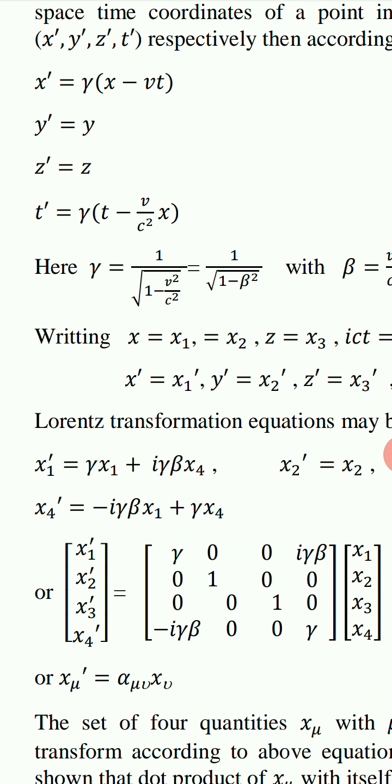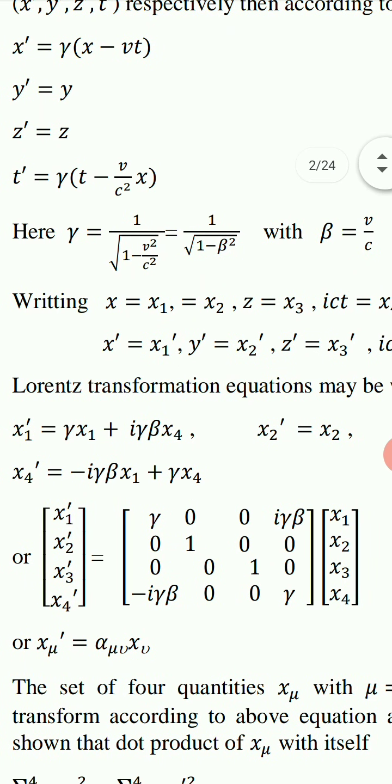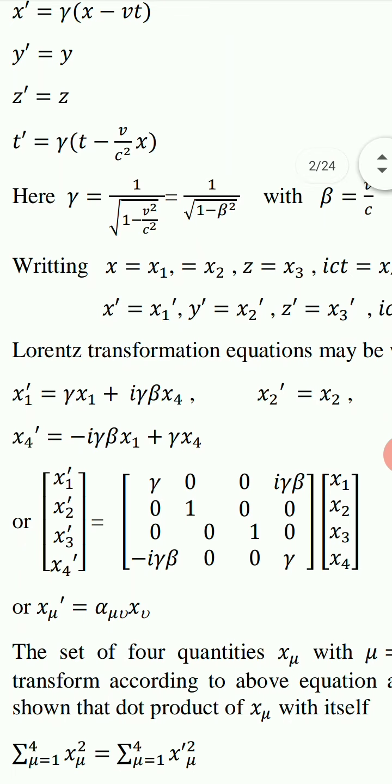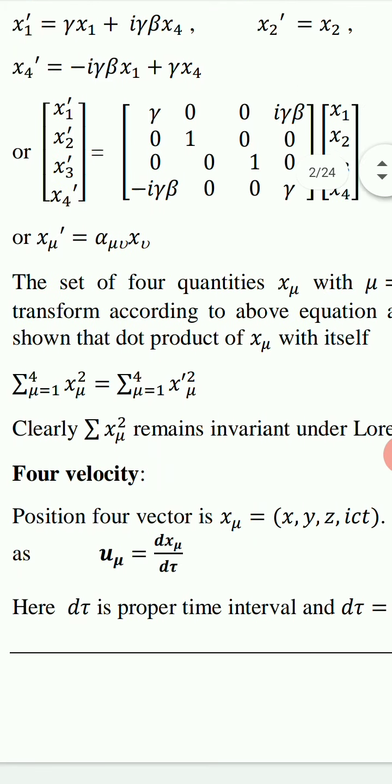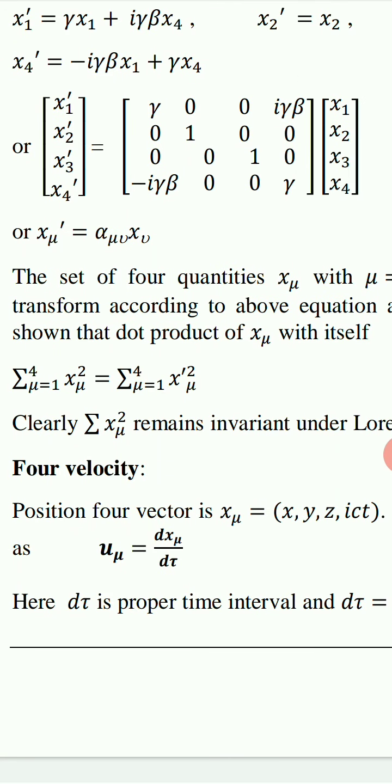Now these 4 equations can be written in a single equation in matrix form as this. In left hand side we have a column matrix x1 dash, x2 dash, x3 dash, x4 dash, and in right hand side we have a square matrix multiplied by a column matrix.